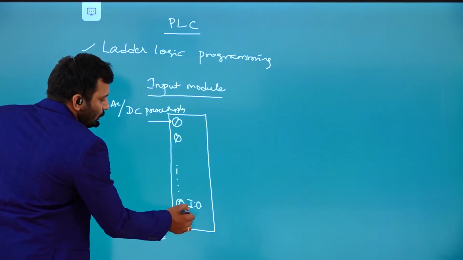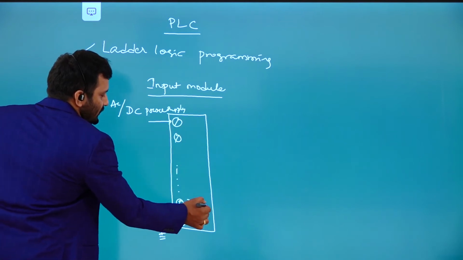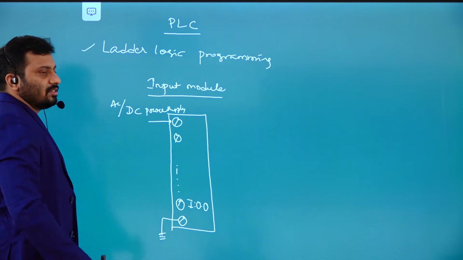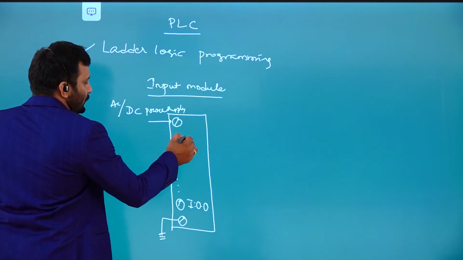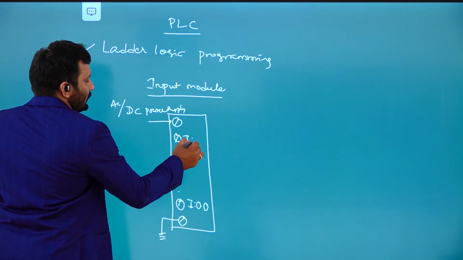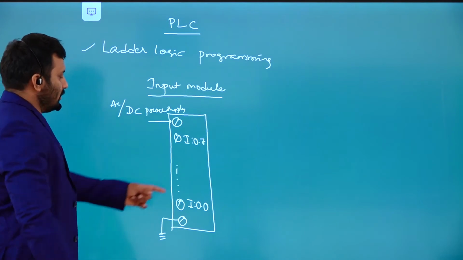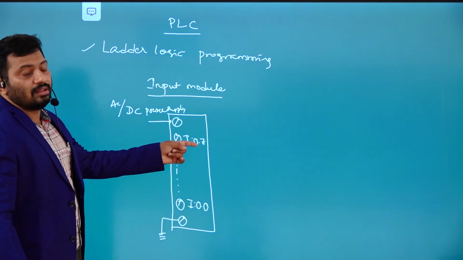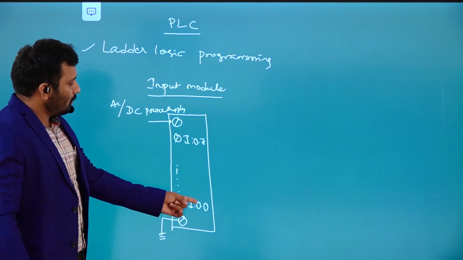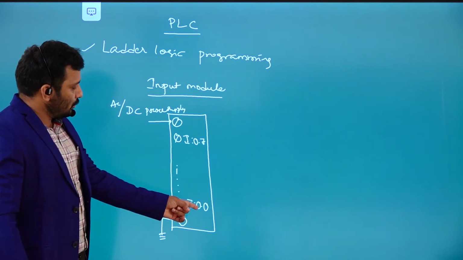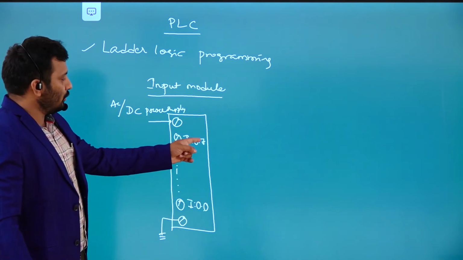So in module 0, that means the first module, this is going to be the first terminal. Like that, if it is an 8 terminal input module, 0, 1, 2, 3, like that 8 terminals, right? So input 0th module 0 first terminal, input 0th module 8th terminal.